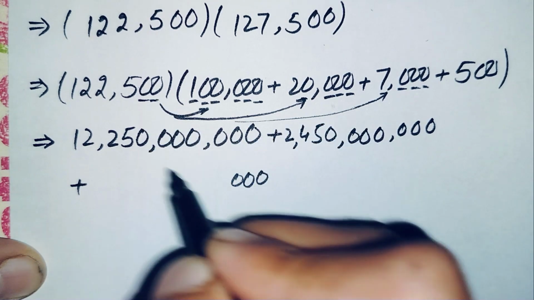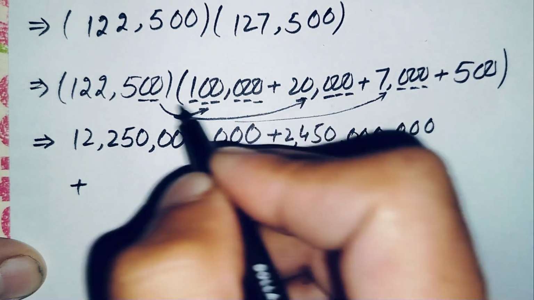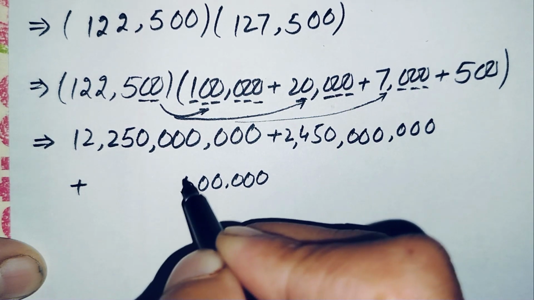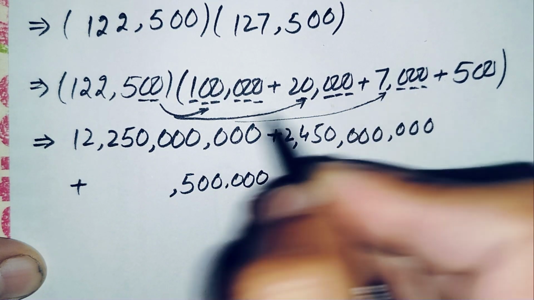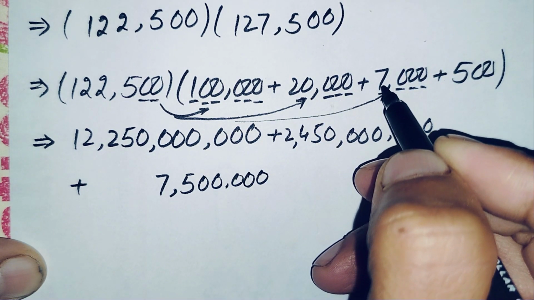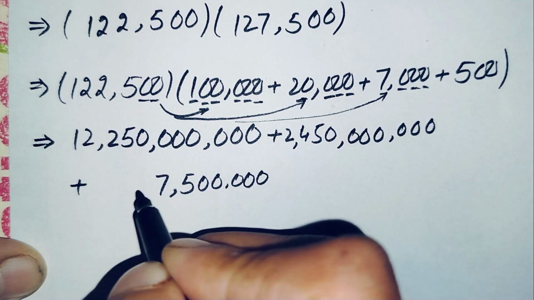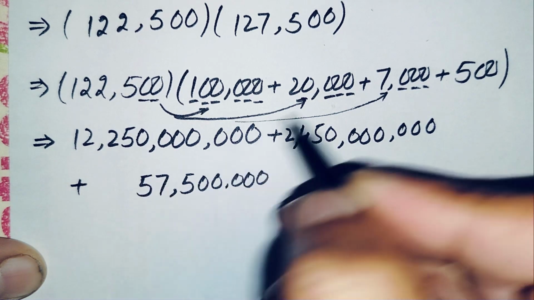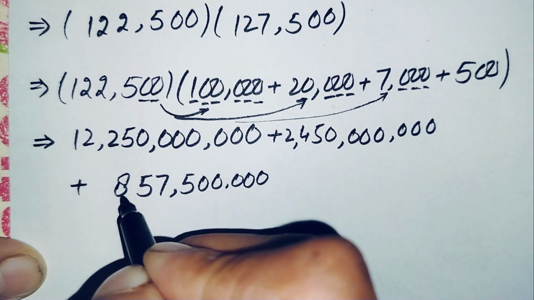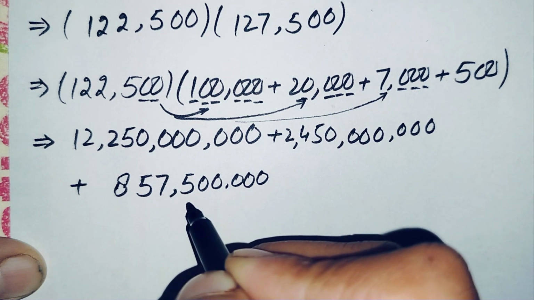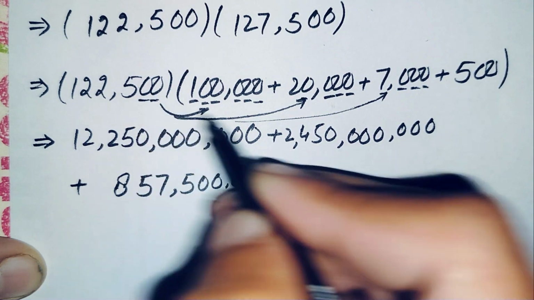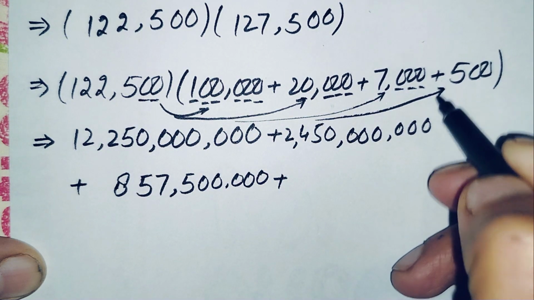So 7 times 0 is 0, 7 times 0 is 0, 7 times 5 is 35, so 5, and 3 is carried. 7 times 2 is 14, 14 plus 3 is 17, so 7, and 1 is carried. 7 times 2 is 14, 14 plus 1 is 15, so 5, and 1 is carried. 7 times 1 is 7, 7 plus 1 is 8. So this gives us 857,500,000.